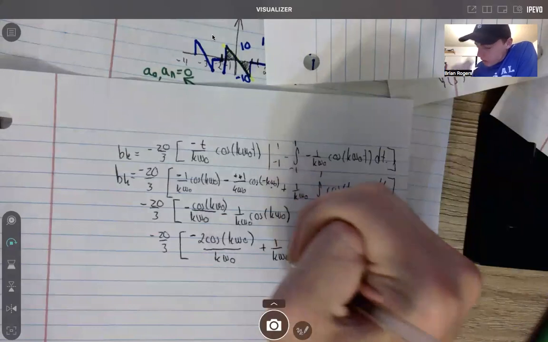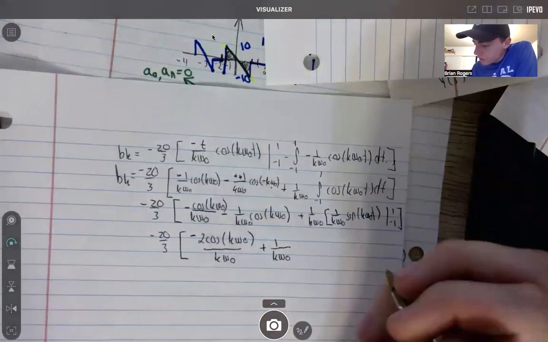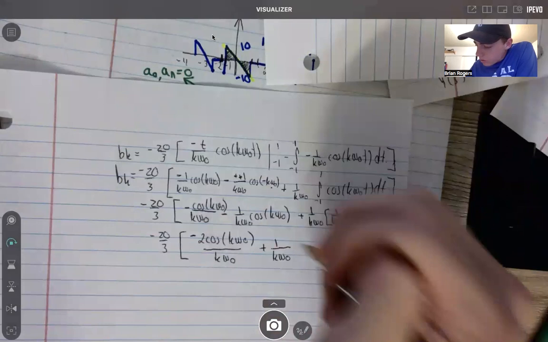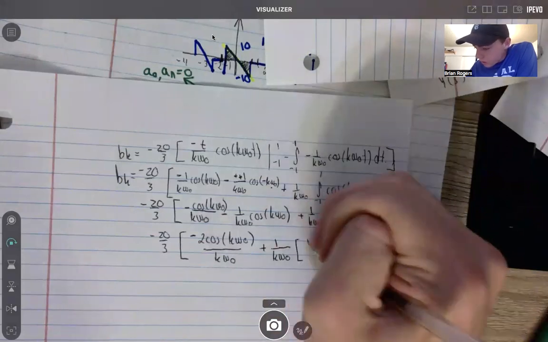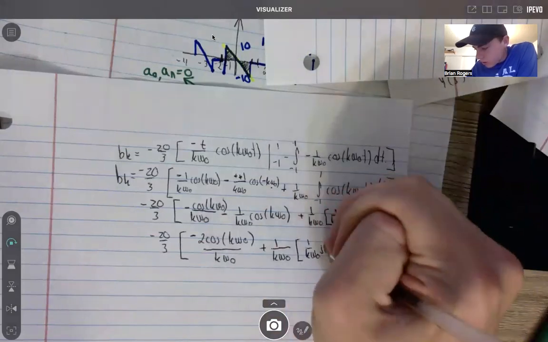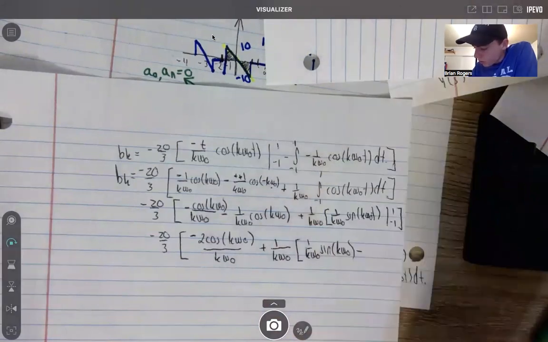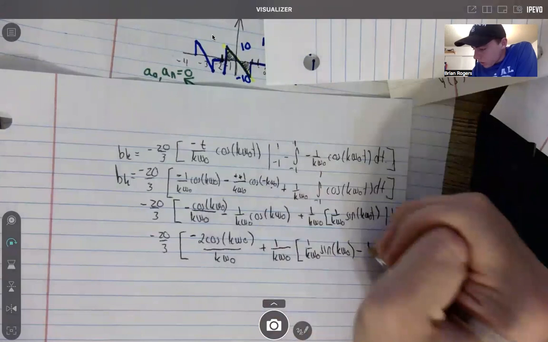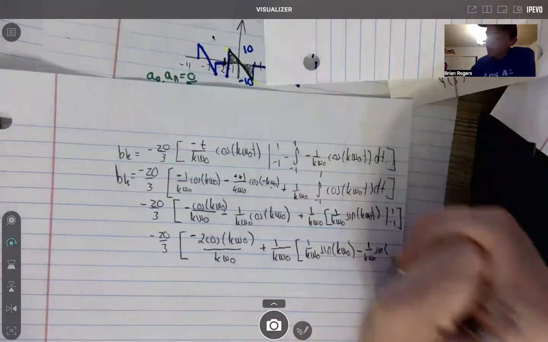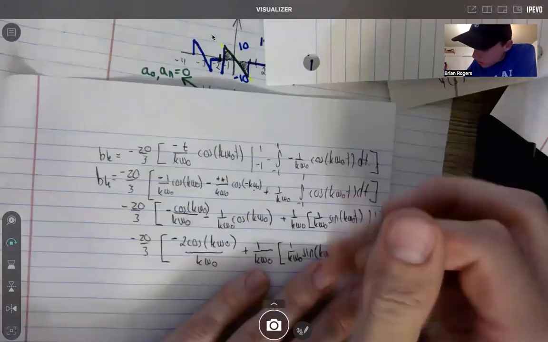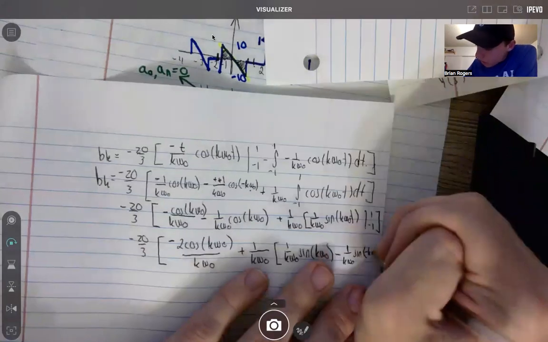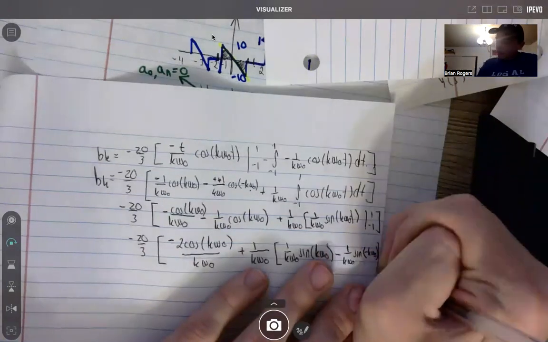And then it's going to be a 1 over k omega naught sine k omega naught, minus 1 over k omega naught sine of negative k omega naught. Remember, sine is an odd function, so this would come out and make a plus.